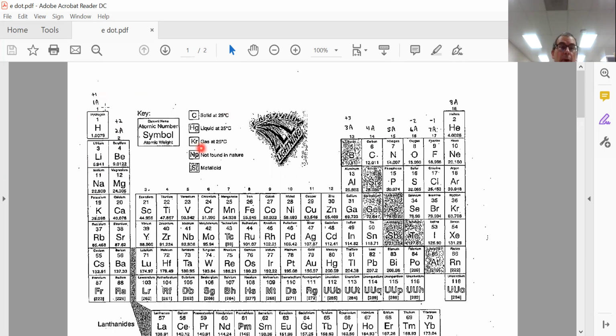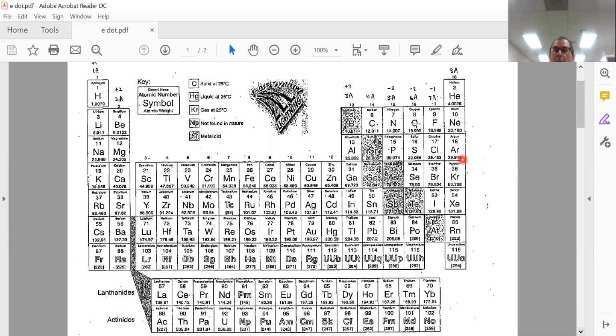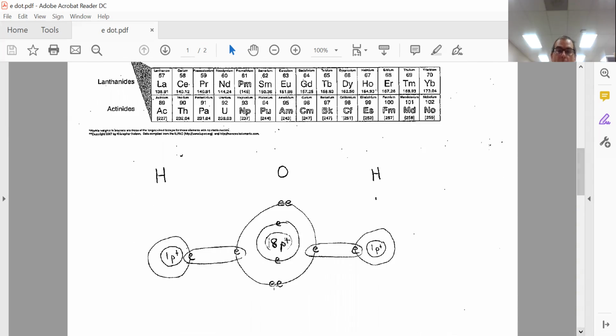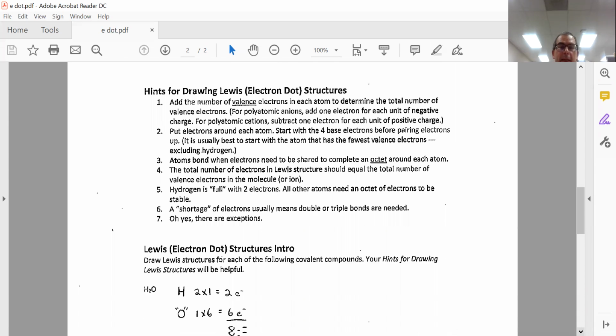This family, including hydrogen, having 1. This would have 3, this would have 4, this would have 5, this would have 6, this would have 7, and we're not going to be working with the noble gases here. So oxygen is in family 6A, so we're going to say that has 6 valence outer shell electrons. Looking at this structure, we can see 1, 2, 3, 4, 5, 6 in its outer shell.